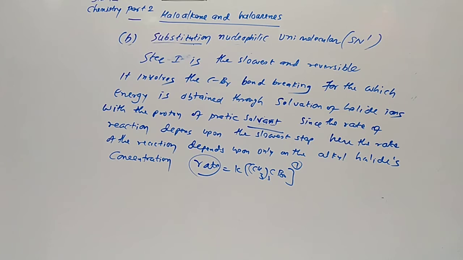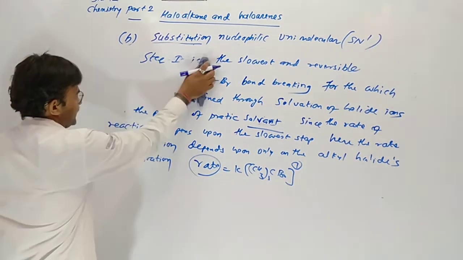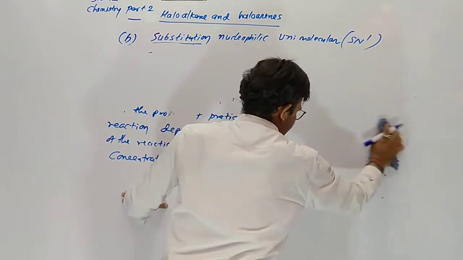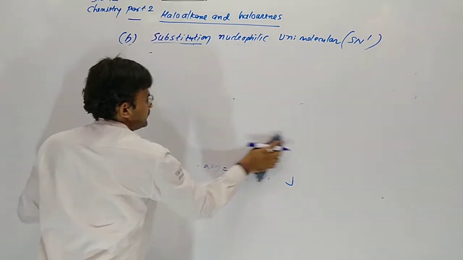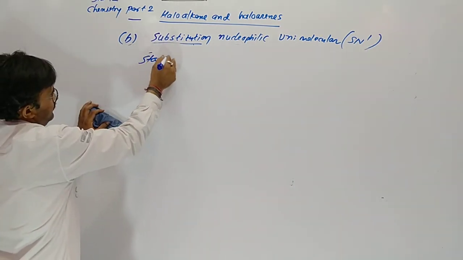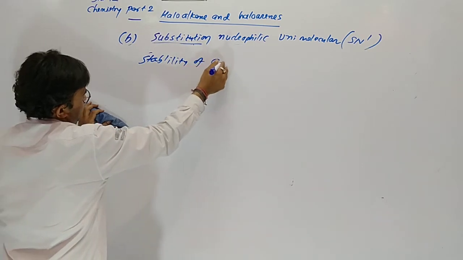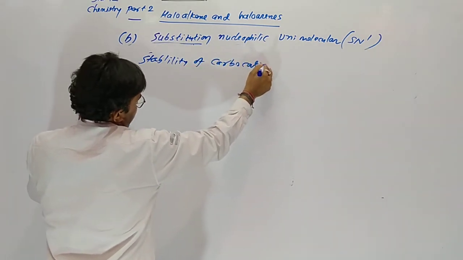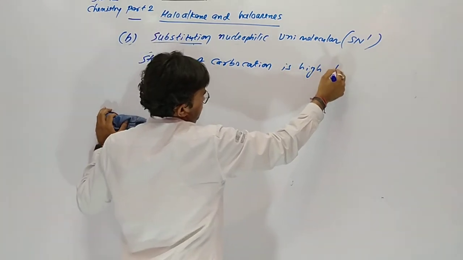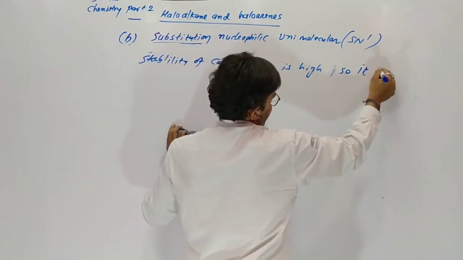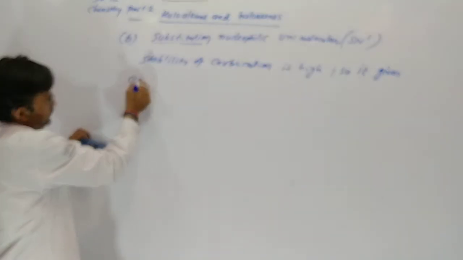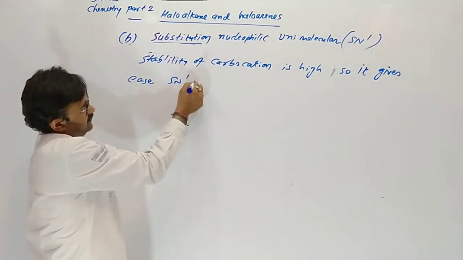Yes. The greater the stability of the carbocation, the greater will be the easiness of formation from alkyl halide and the faster will be the rate of reaction. Here the stability of the carbocation in SN1 is a must. If the stability of the carbocation is high, it gives an SN1 reaction.